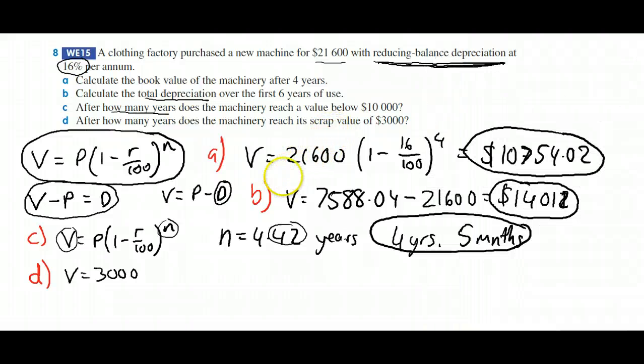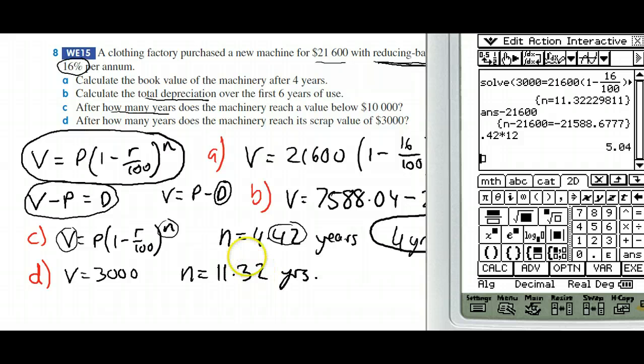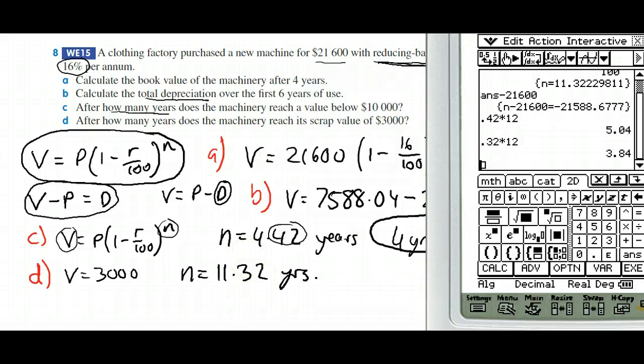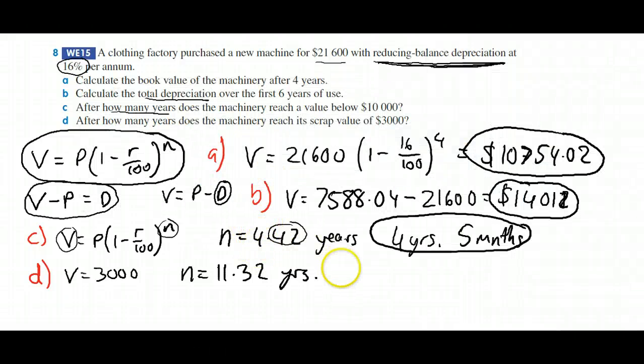So N equals 11.32 years. Let's change the 0.32 into months. 0.32 times 12 is 3.84, which is pretty close to 4 months. So it's going to take 11 years and 4 months.